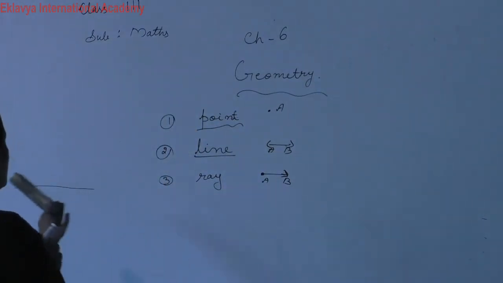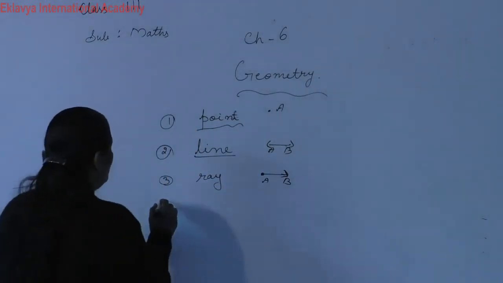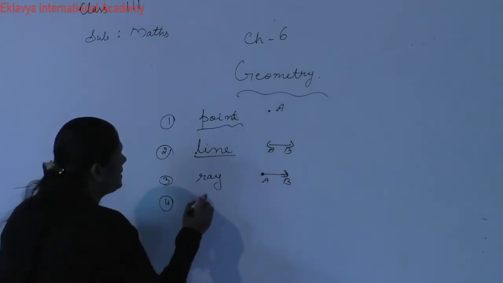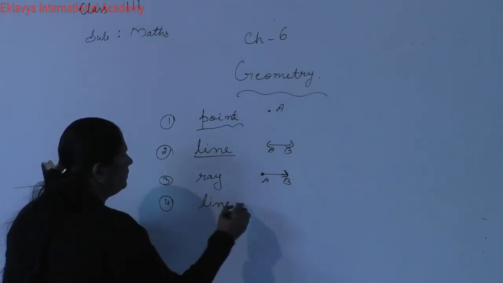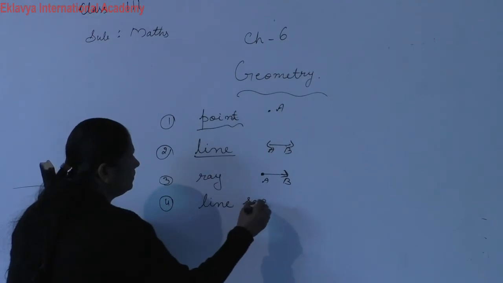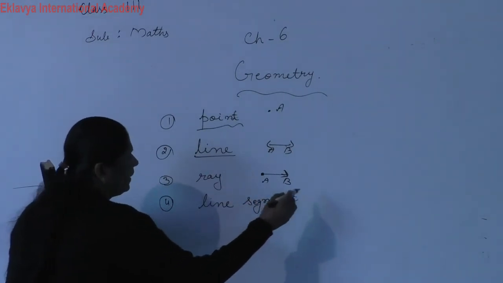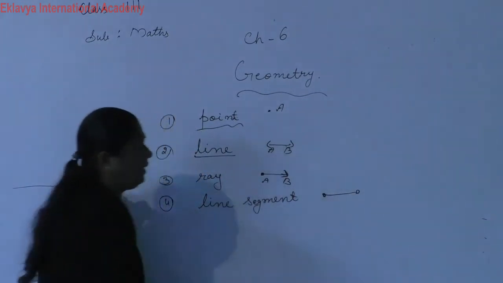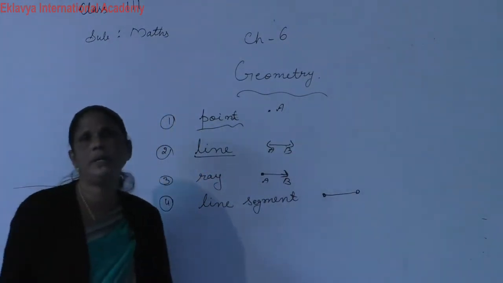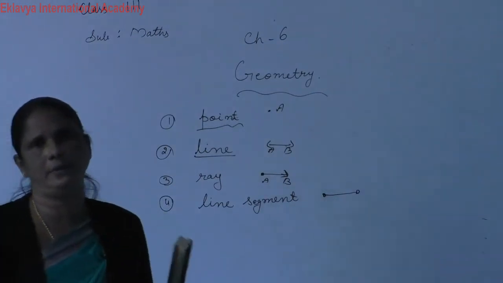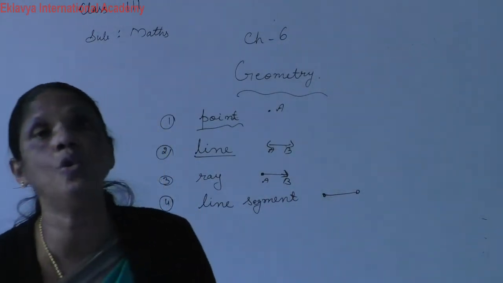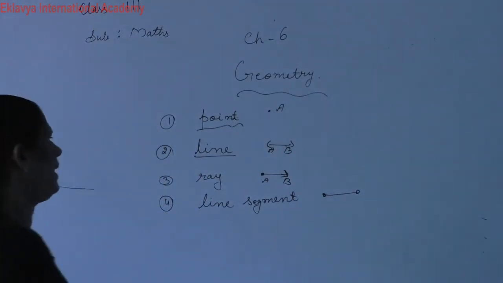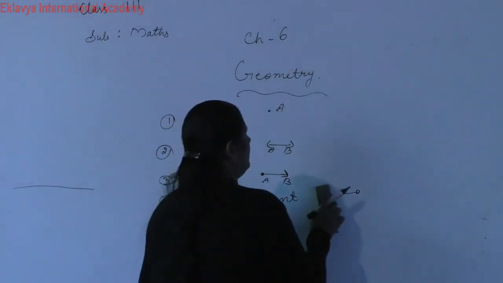Next, line segment. A line segment has a definite length. It has two end points.